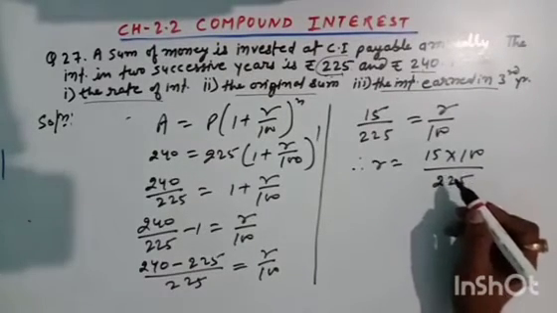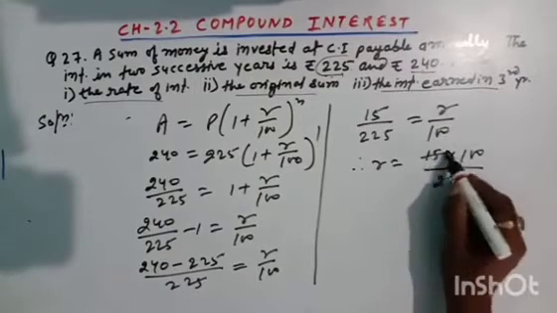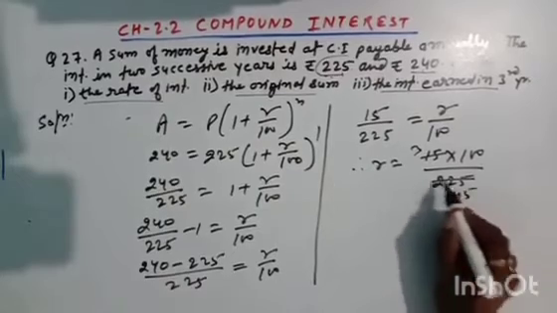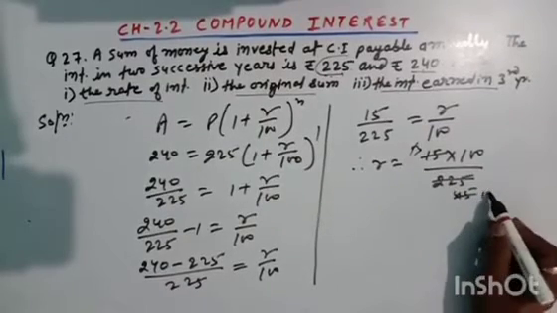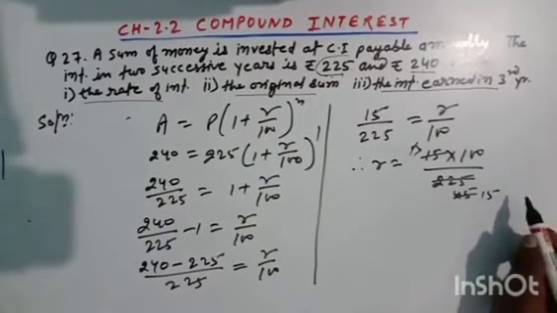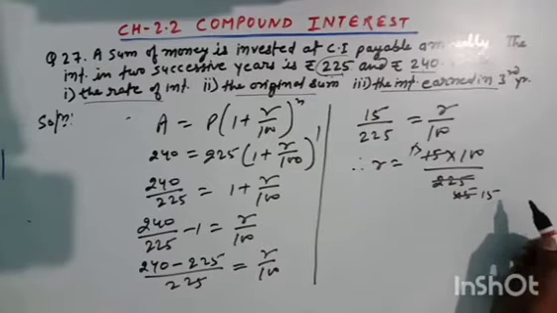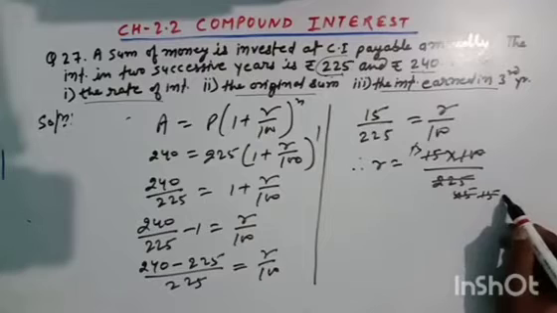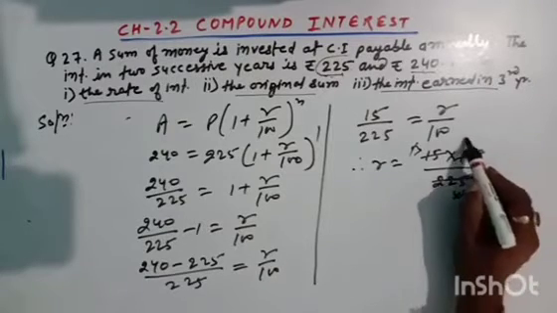Now calculate: 5 3s are 15, and 5 45s are 225, then 3 5s are 15. Again divide: 5 3s are 15, and 5 4s are 20.